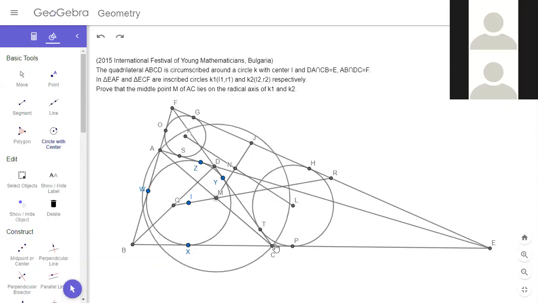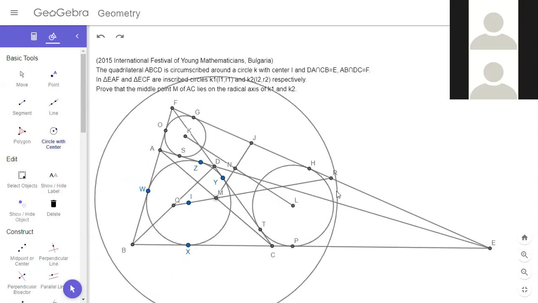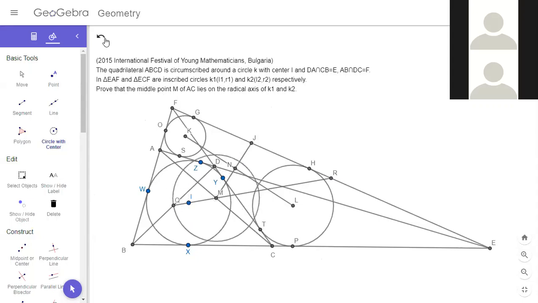Like, yeah, I don't know. I have a couple ideas, but they're all a little bit messy.